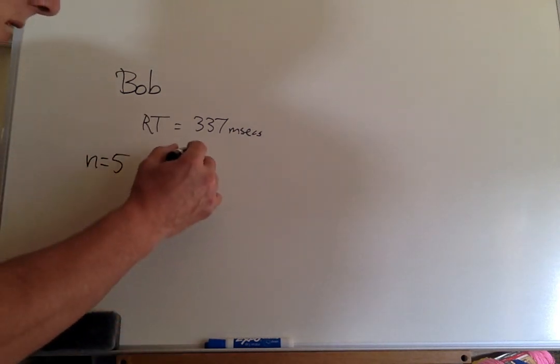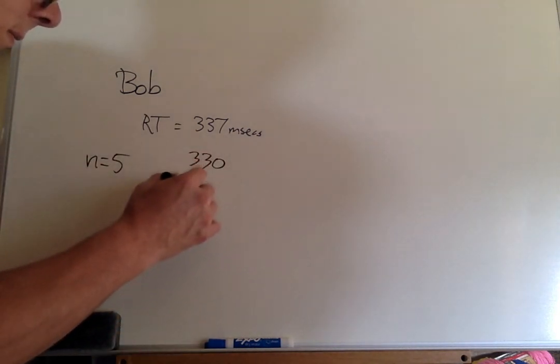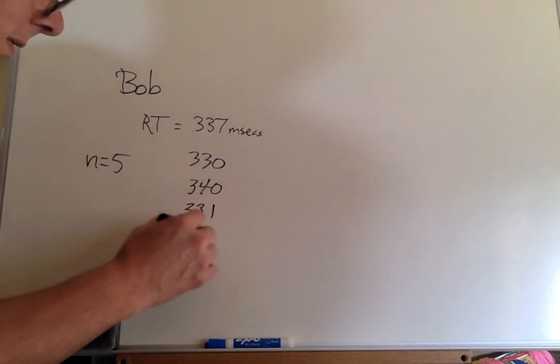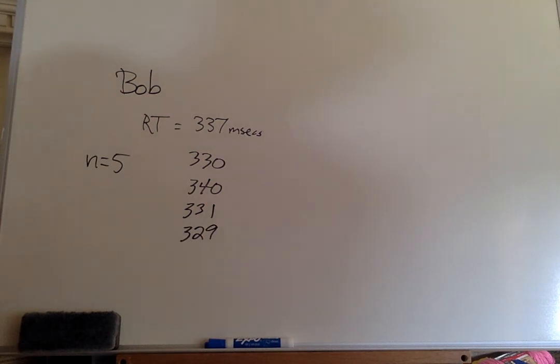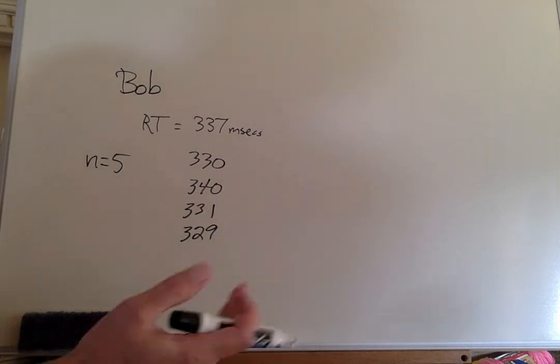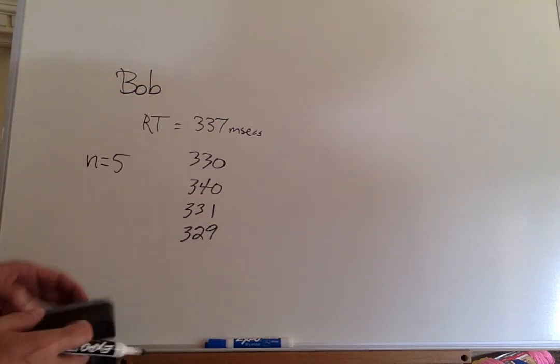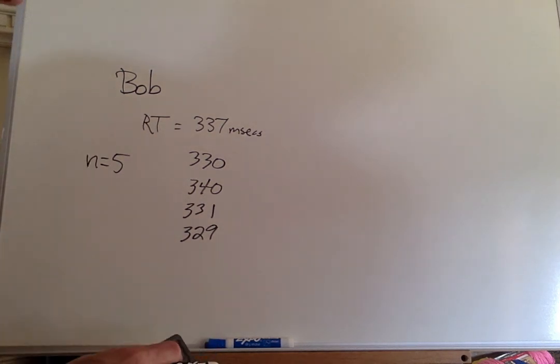If Bob's reaction times look like this, I'd be like, wow, you know what, Bob? That ended up being a good guess because it matches the rest of your reaction times.